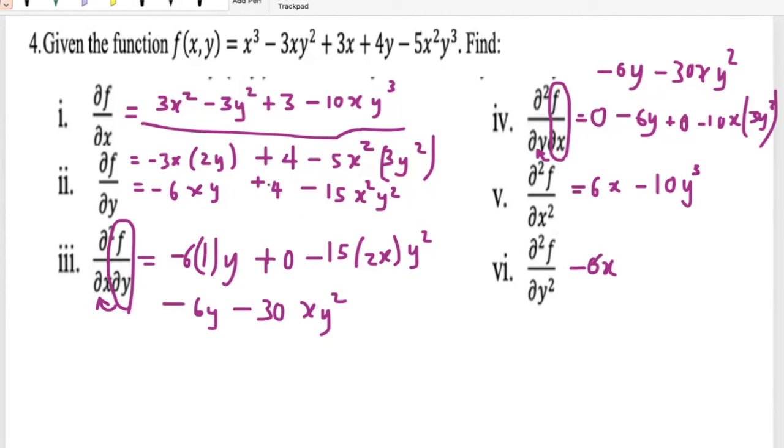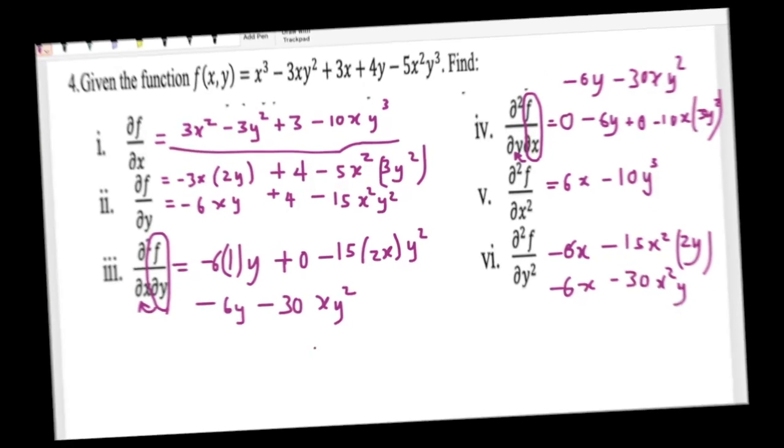And then there's no y here, but here I have a y. So I'd have minus 15x squared. Then differentiate y squared to get 2y. So that means I have minus 6x minus 30x squared y. And that's it.